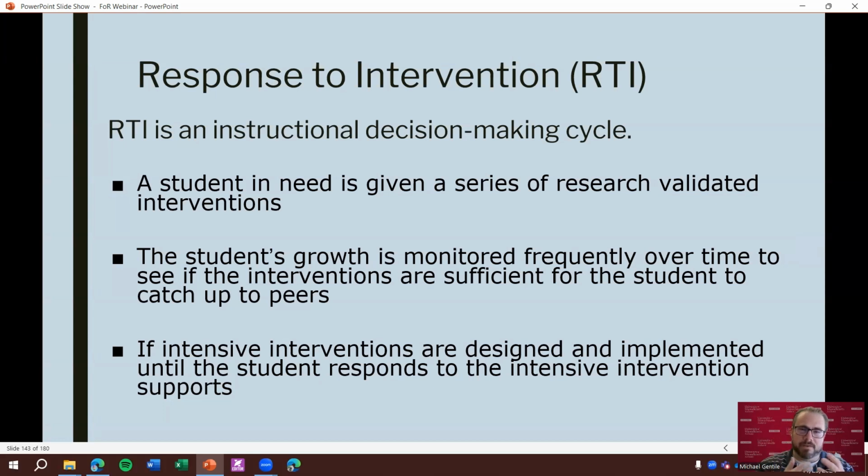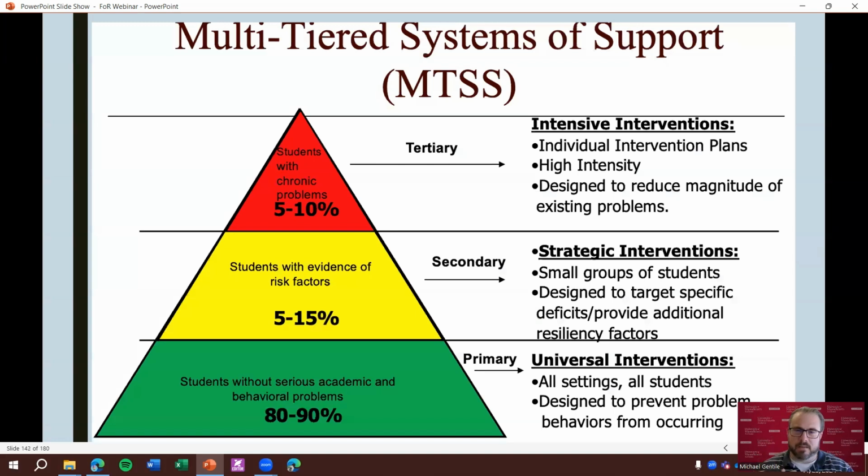The academic piece is obviously much more relevant to this MTEL, so we'll focus on that. But the reason we talk about them together is that there's really good evidence that behavior and academics are closely tied to each other. You have to investigate whether behaviors are causing the academic issues, and vice versa. So we have all these integrated multi-tiered systems of behavior and academics.